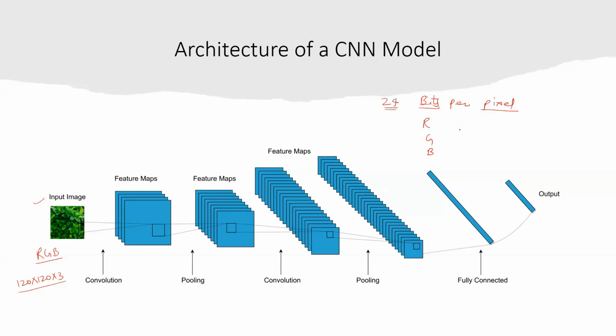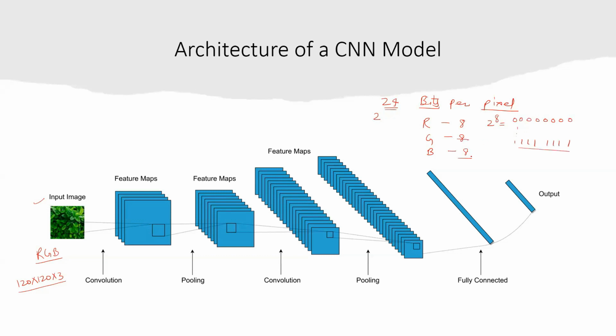It means 8 bits are used for the red color, 8 bits for the green color, and 8 bits for the blue color. So in total, the combinations we have are 2 to the power 24. That means 2 to the power 8 values of red, starting from 00000000 to 11111111.